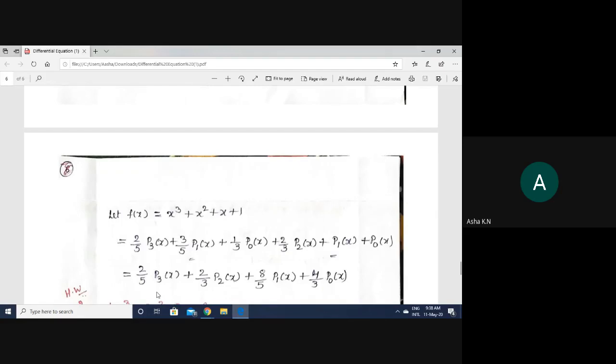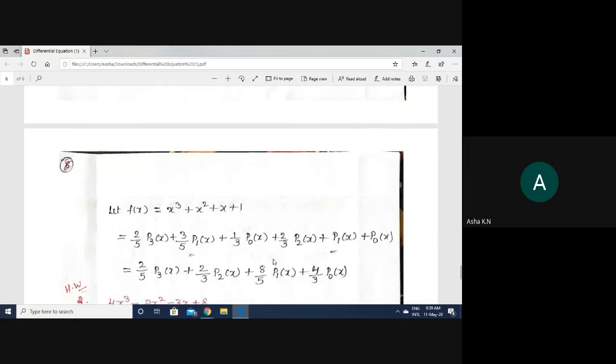So whatever polynomial they have given can be expressed like this. In this problem, the x cube expression is 2 by 5 P3 of x plus 3 by 5 P1 of x. The x square expression is 1 by 3 P0 of x plus 2 by 3 P2 of x. X is P1 of x, 1 is P0 of x.